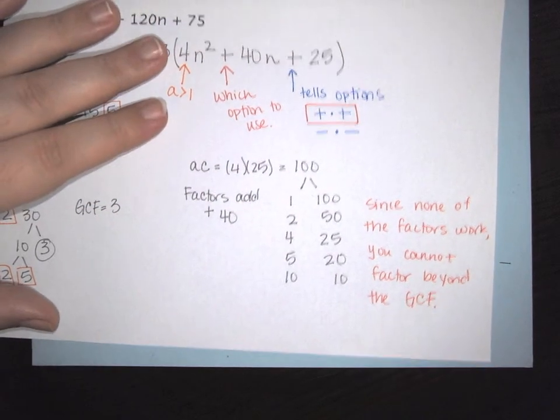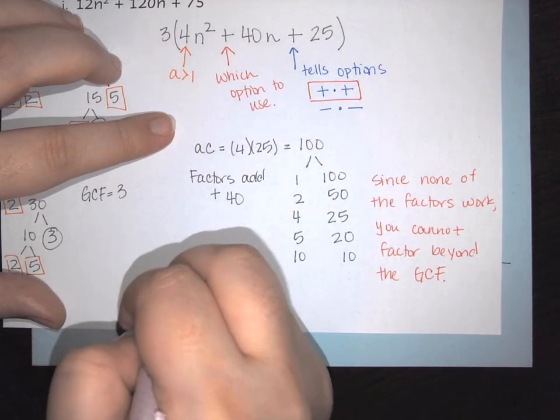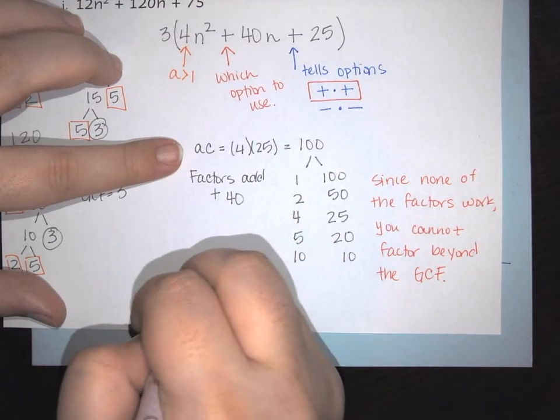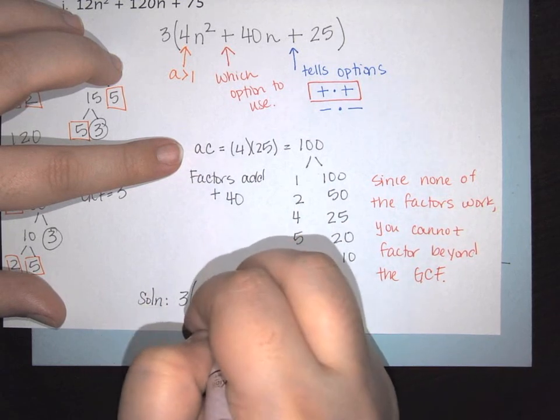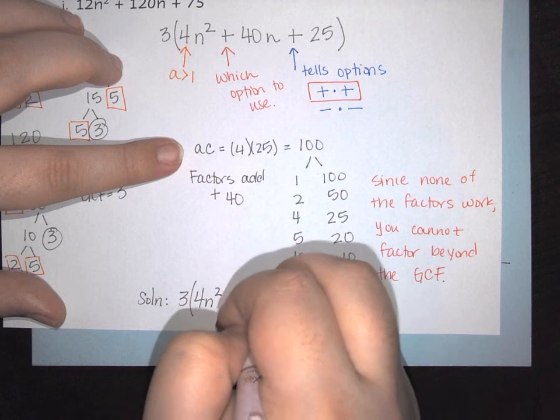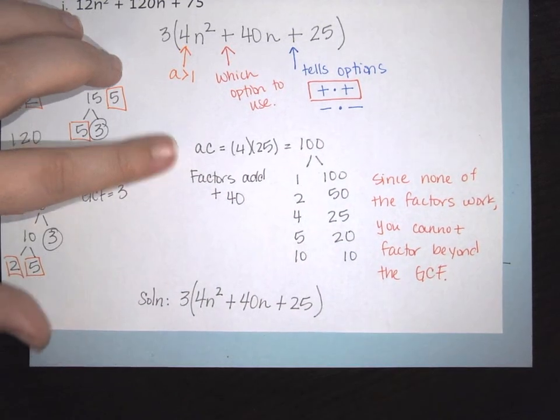So what does that mean? That means that my solution here is going to be 3 times 4n squared plus 40n plus 25. And that is the factored form.